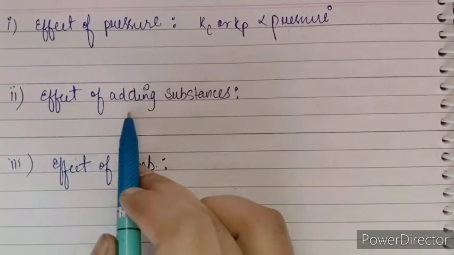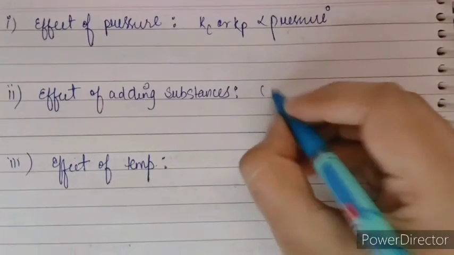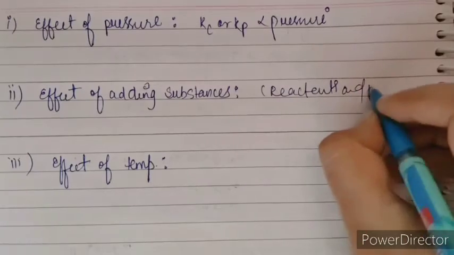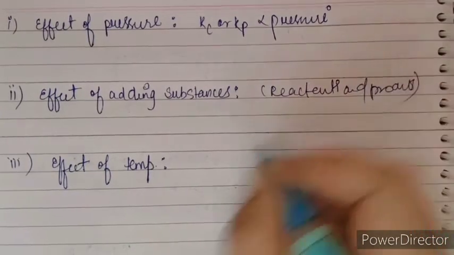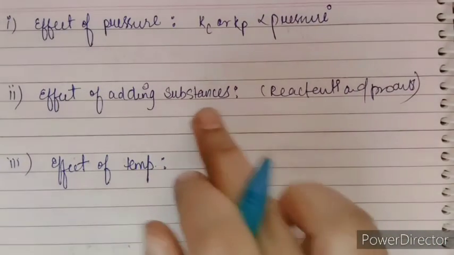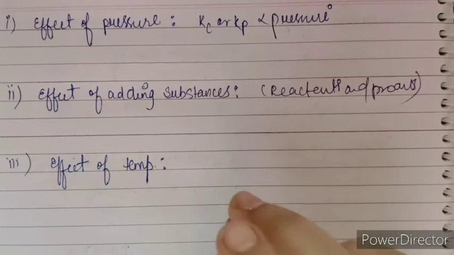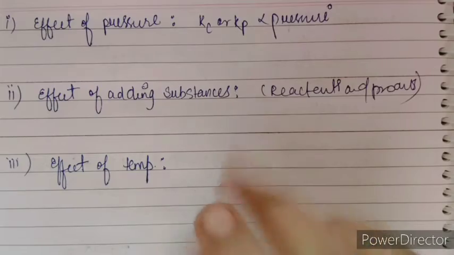Now the effect of adding substance. Substance means the reactants and the products. On adding reactants, the rate of forward reaction increases, whereas on adding product the rate of backward reaction increases.